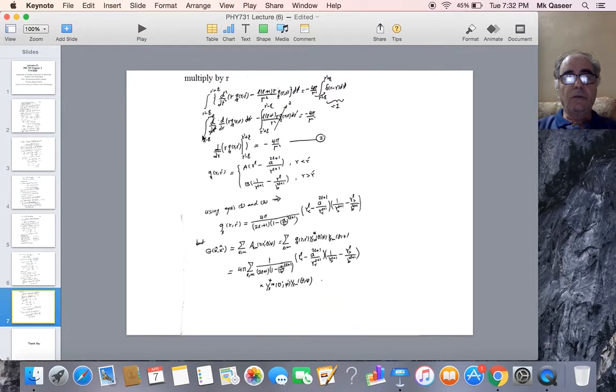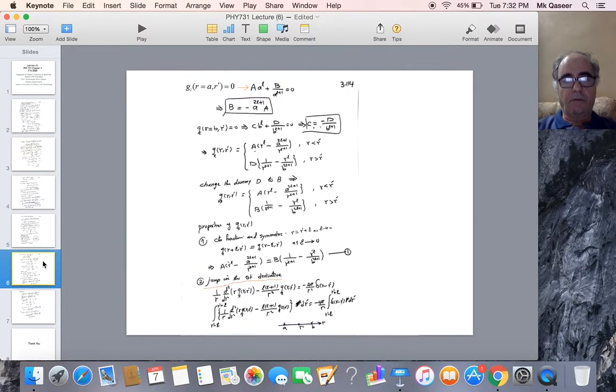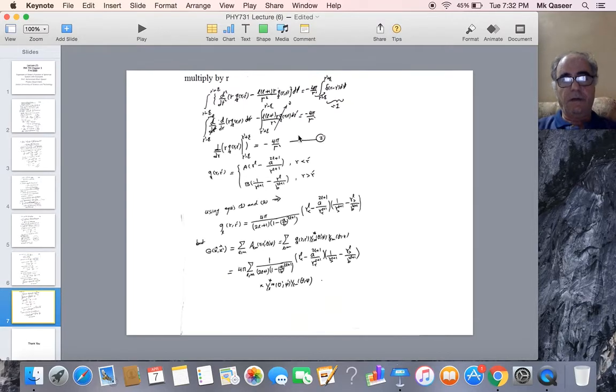Now doing so, we get that g_l is given by this expression, and B by this expression, using equation 1 in the previous slide and equation 2, and solve for A and B. We finally reach this expression. This is the reduced Green's function.